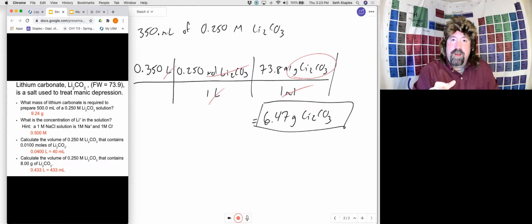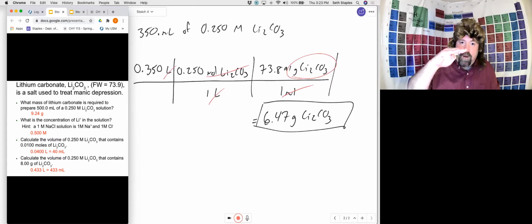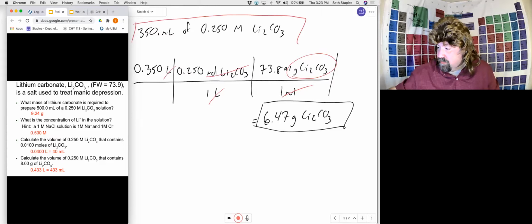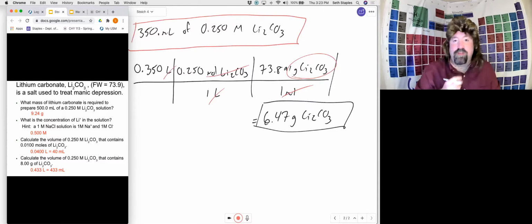I then weigh out 6.47 grams of that solid, add it into my volumetric flask, and add enough water to reach a total volume of 350 milliliters. When I do that, I will have 350 milliliters of my 0.250 molar lithium carbonate solution.